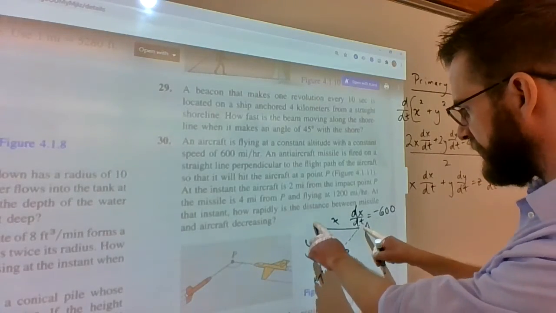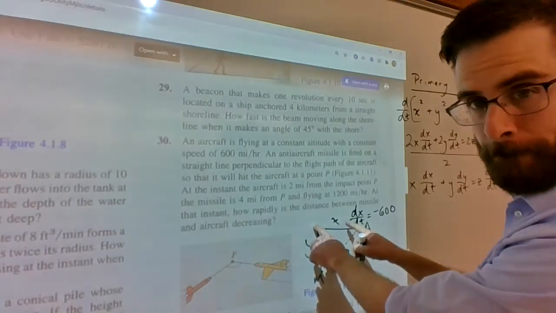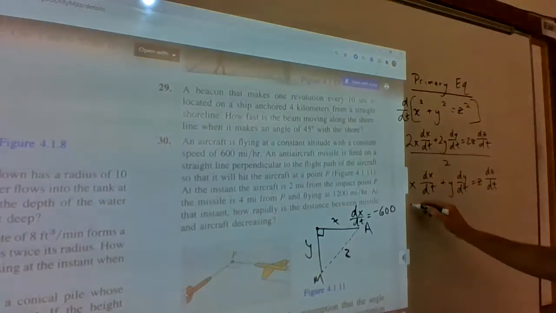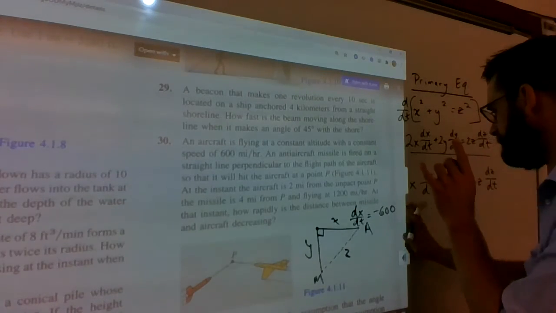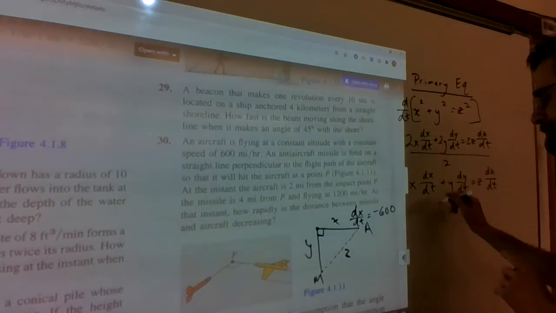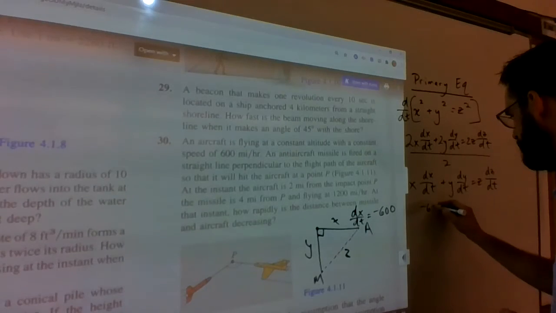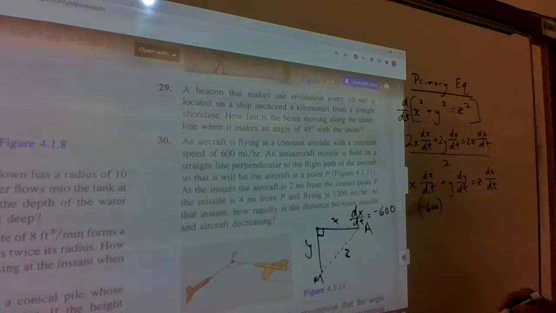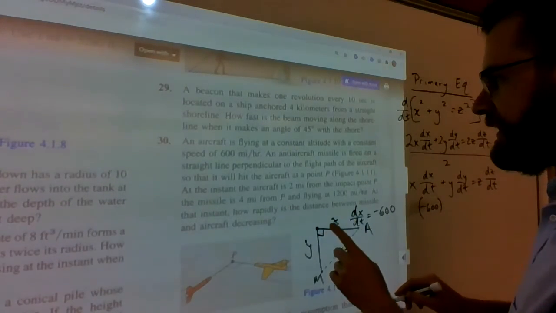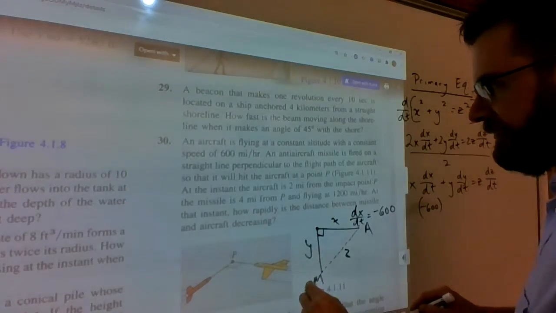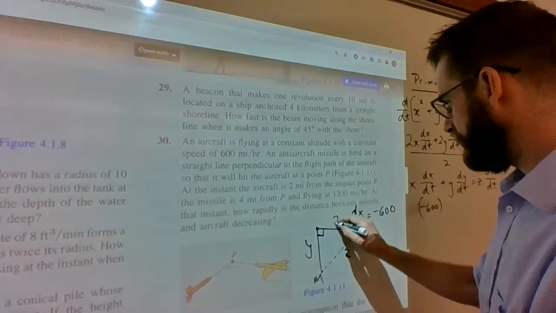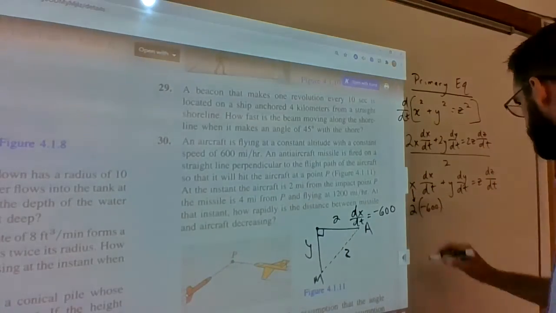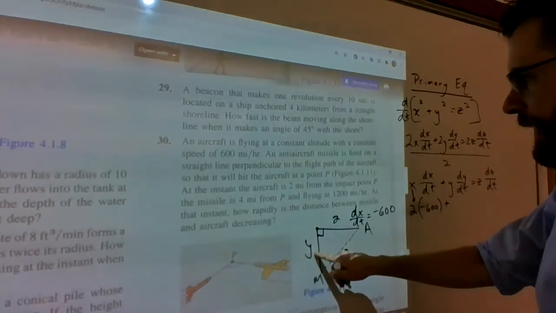And this is the point at which we dig in. The aircraft is flying at a constant altitude with a constant speed of 600 miles per hour. So the dx dt is going to be negative 600 because it's decreasing the distance x from the fixed point. My apologies, dx dt is negative 600.